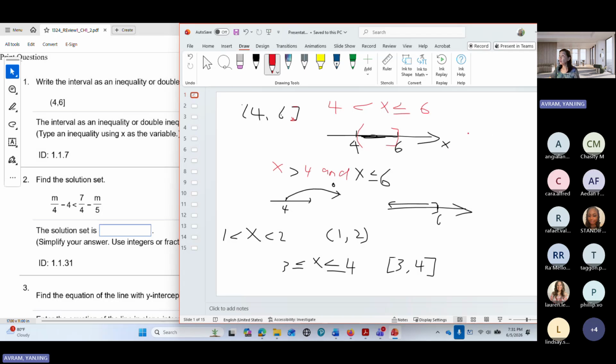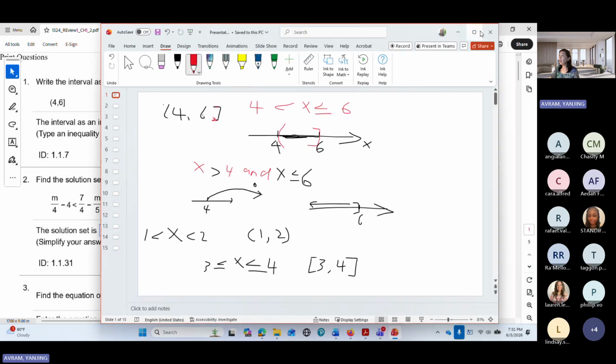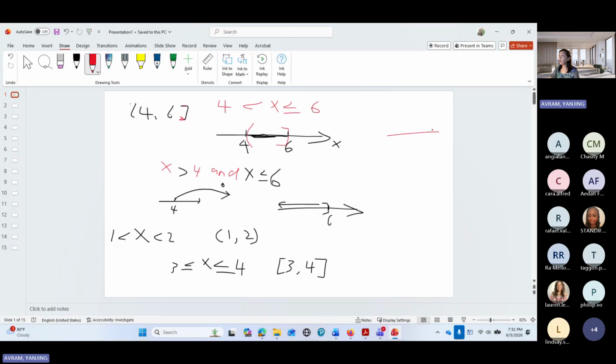Okay, all right. So if you only have, like I say, x greater than 5, and don't have another number on this side, what happens? So greater than 5, you're going to use the parenthesis, and then this is going to go all the way to infinity, right?